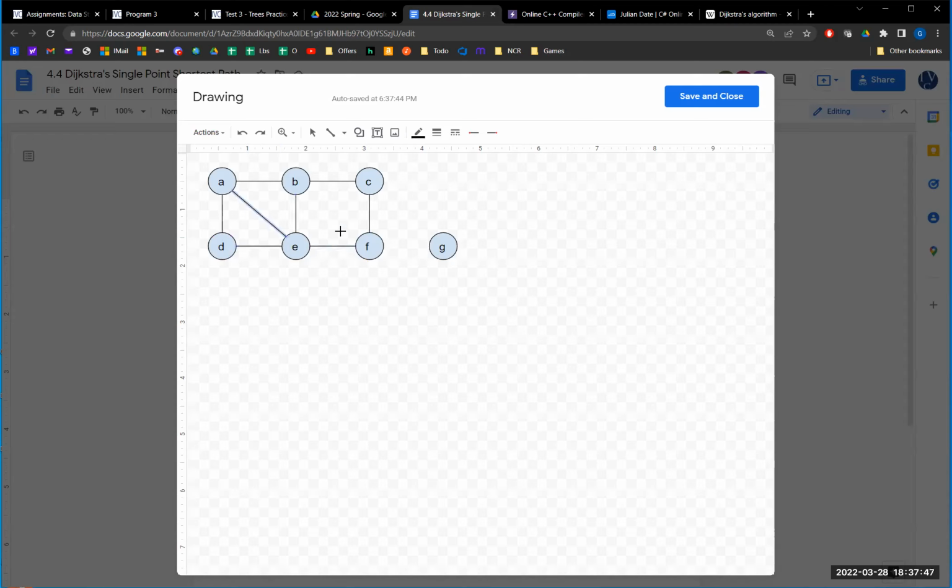That will provide us with various options for where we can go to.